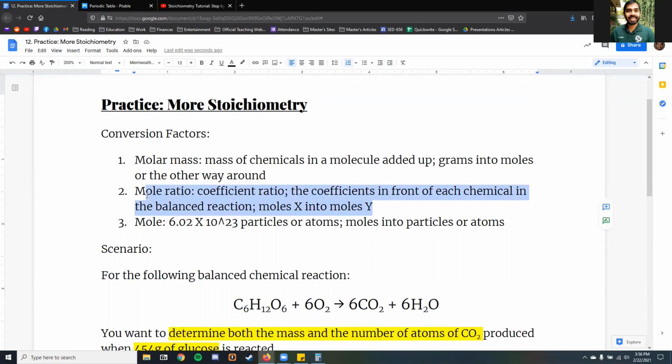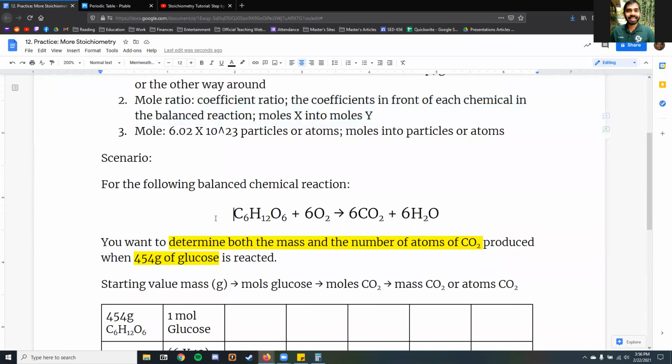And so the mole ratio is your coefficient ratio. So if I look at this reaction, this is saying if I have 1 glucose, I'll make 6 CO2s. I need 6 oxygens for this reaction to happen, and I'll also make 6 water.